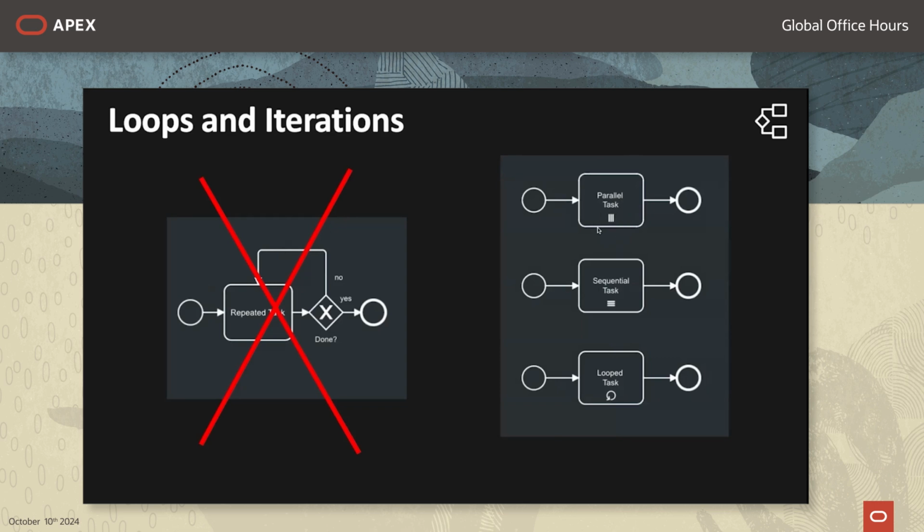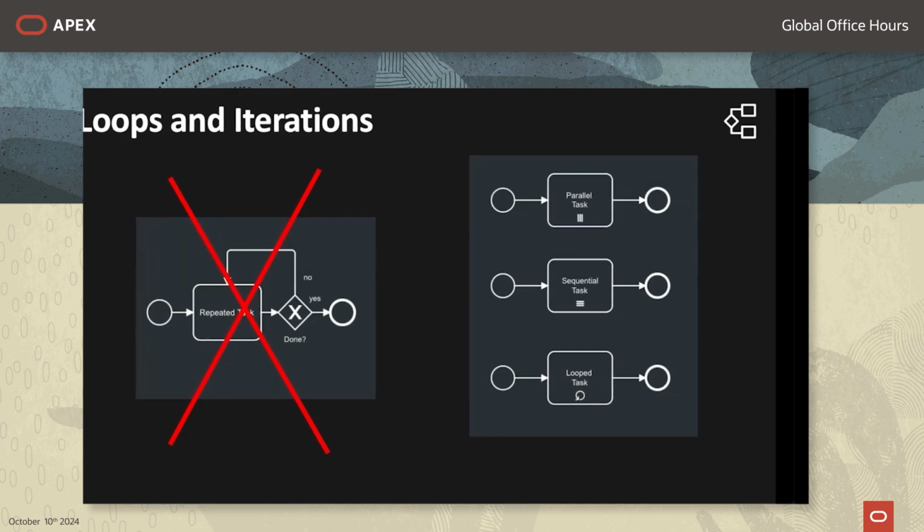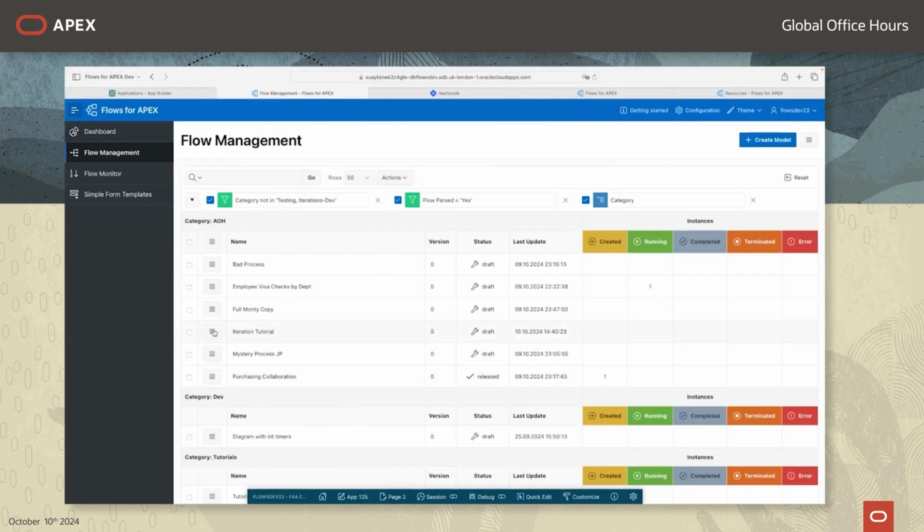We can either run a task in parallel, so we can make multiple copies of this task in parallel. The way to remember that is there are 3 L's in parallel, and those are the 3 L's. We can run them sequentially, so we run the task multiple times, or we can run it as a loop until some end condition occurs. So having set the scene, let's have a look at that in a process model.